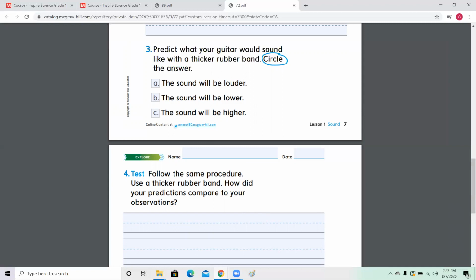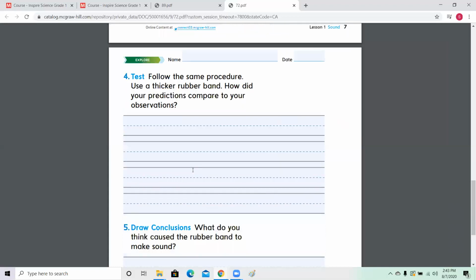So you predicted the wrong answer. So you say, my prediction was not right. I observed that the sound was lower. Or probably you predicted right. So you're gonna say the sound was lower as I predicted. So remember, predict means you're guessing. So it's okay if your guess is right or wrong.